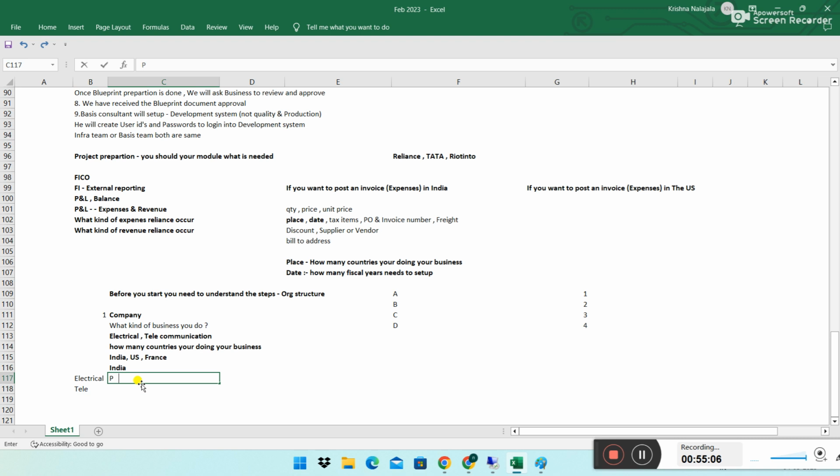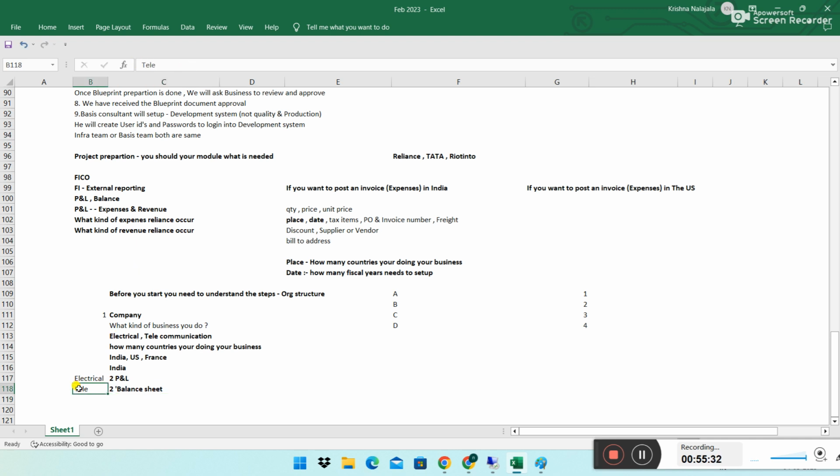You need a P&L separately, you need a balance sheet separately, right? Yes, sir. Likewise you need both reports in India. You have two P&Ls and two balance sheets, right?